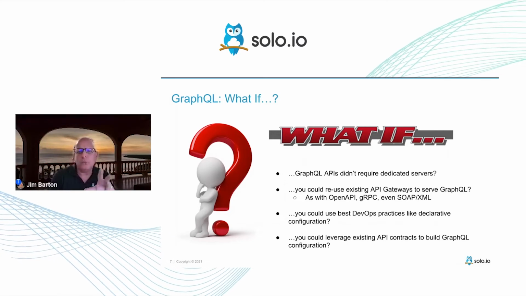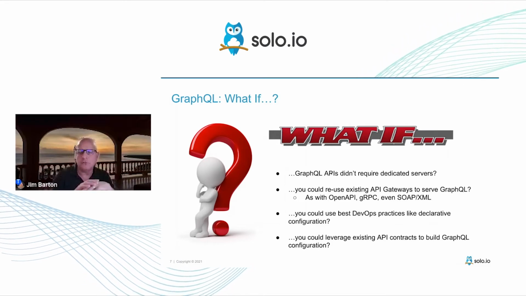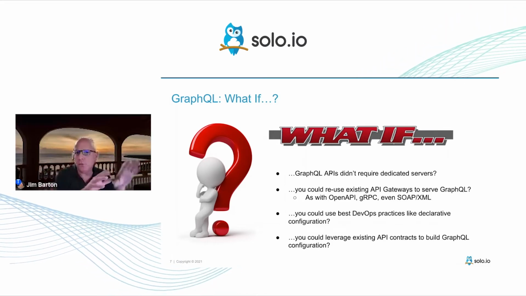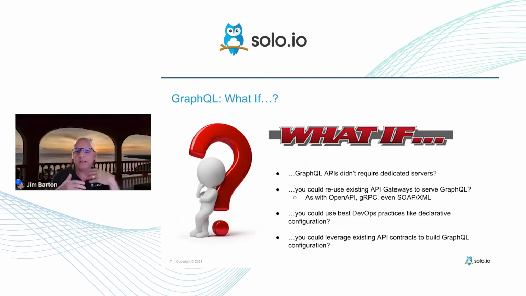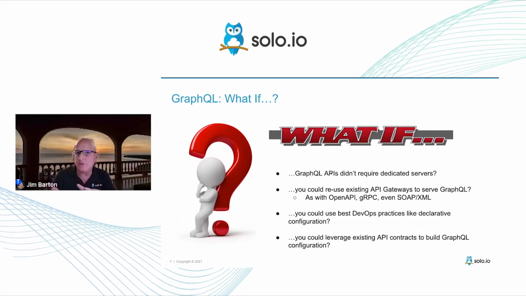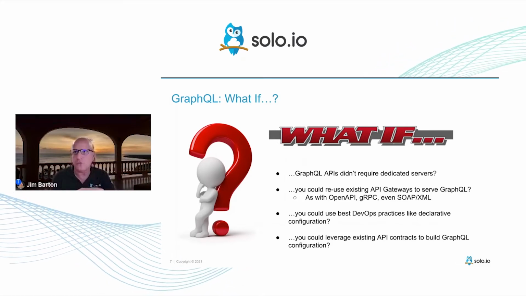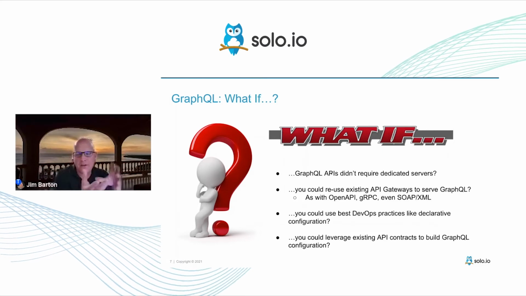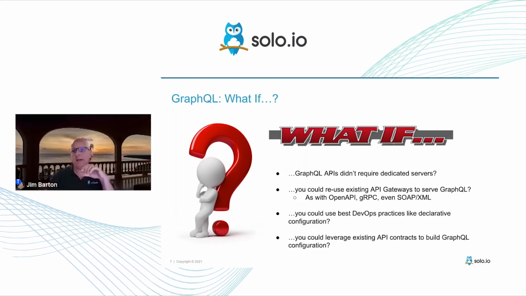What if, rather than writing lots of imperative code for resolvers that fuel your GraphQL servers, you could use DevOps practices like declarative configuration to specify things like schema and resolvers, and have that be managed by your already existing API gateway?